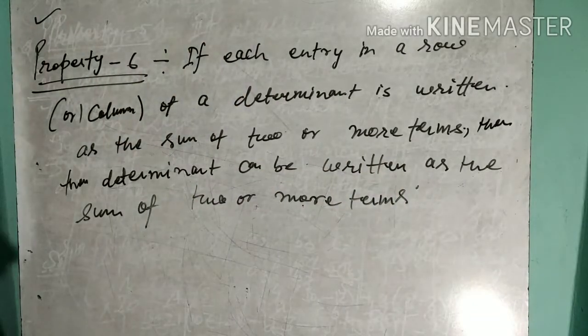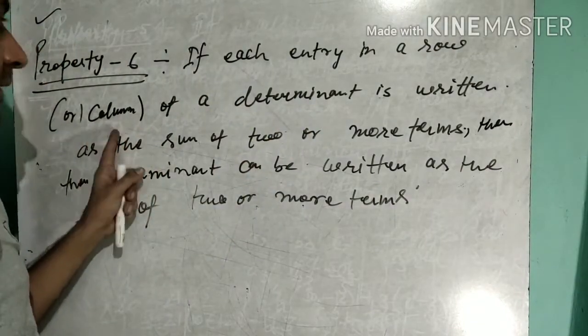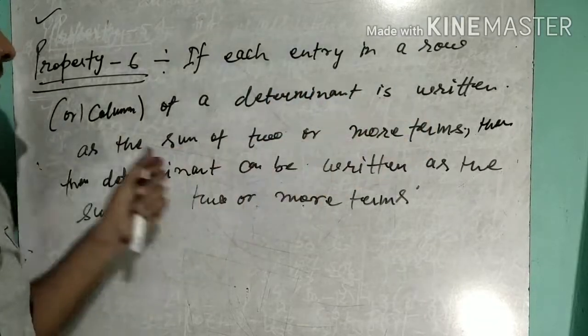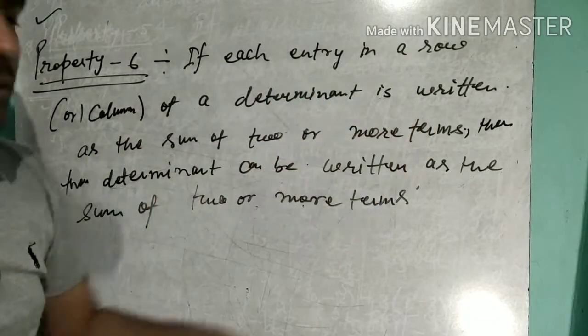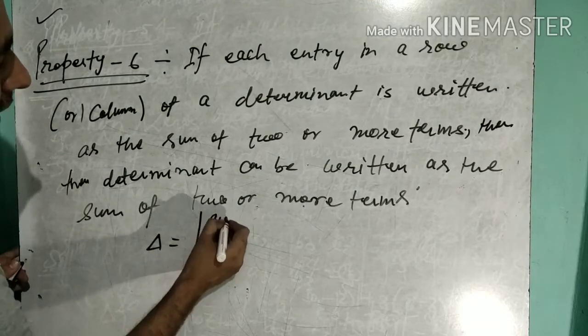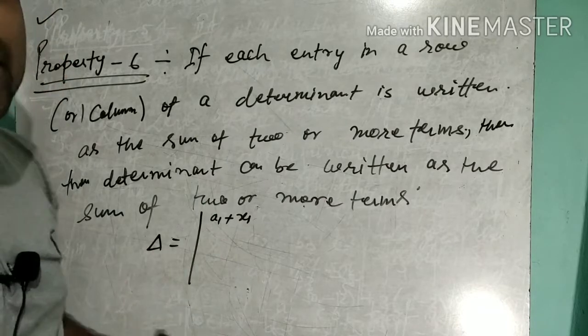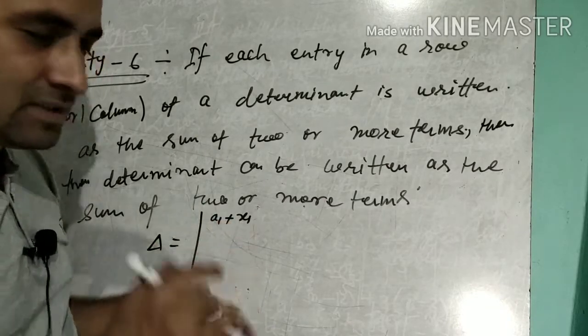Okay students, see here, if each entry in a row, or I am talking about one column of a determinant, is written as the sum of 2 or more terms. So I am taking here delta equals, suppose we have a1 plus x1. I am taking one column. Every time I have taken a row, but now it's time for the column.